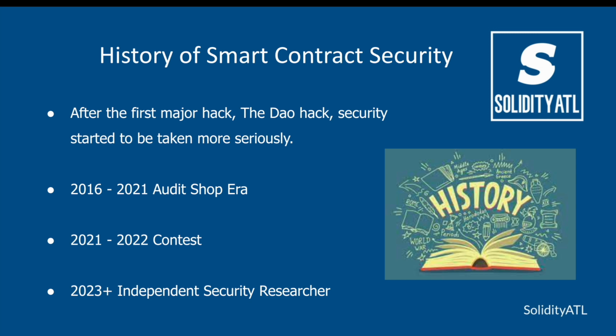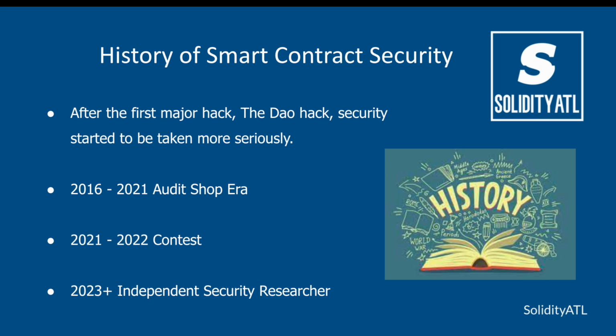You can go and research more about the DAO hack yourself and understand how this was performed, but essentially it was the very infamous reentrancy attack that caused so much craziness and stress within the Ethereum space when this happened. A lot of money was lost, and this actually ended up resulting in a fork from Ethereum Classic. So we won't go too deep into that history, but it's important to understand that security started to be taken a lot more seriously after this hack occurred.